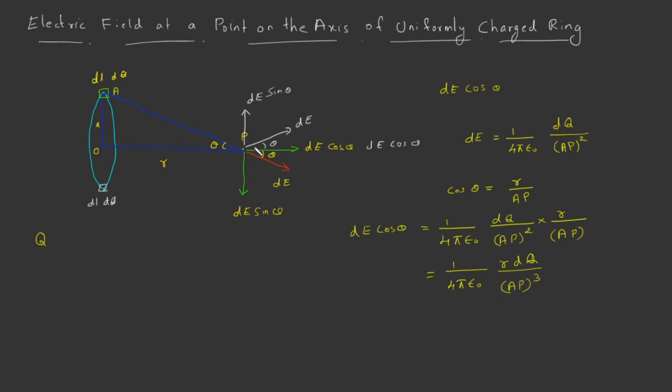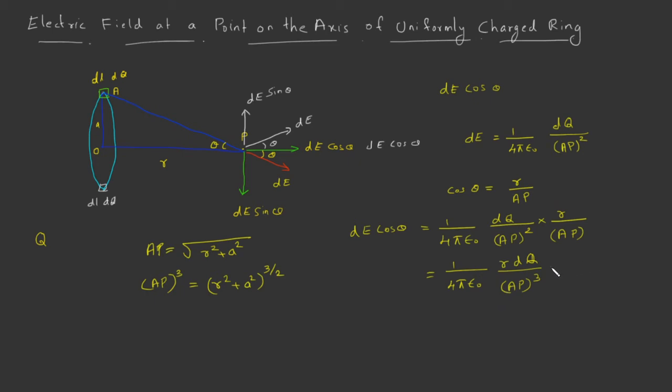Now what is AP? If this is A, the radius, and this is R, the distance from the center to the point P, then AP is equal to the square root of R square plus A square. So AP cube is equal to R square plus A square the whole raised to 3 by 2.